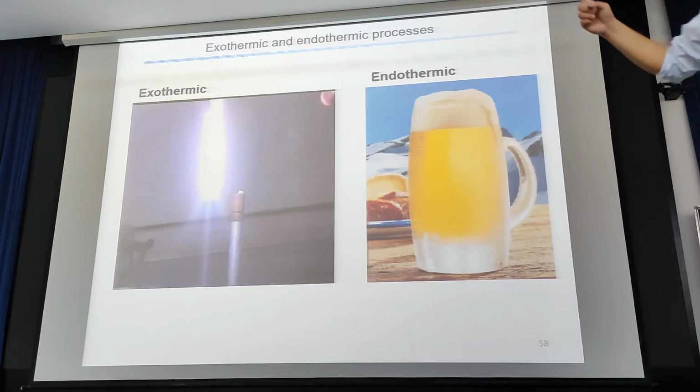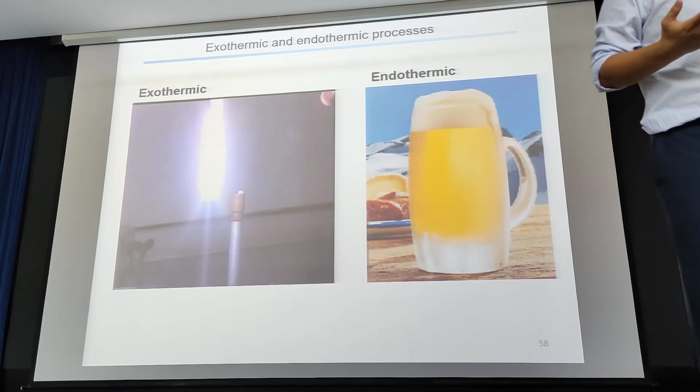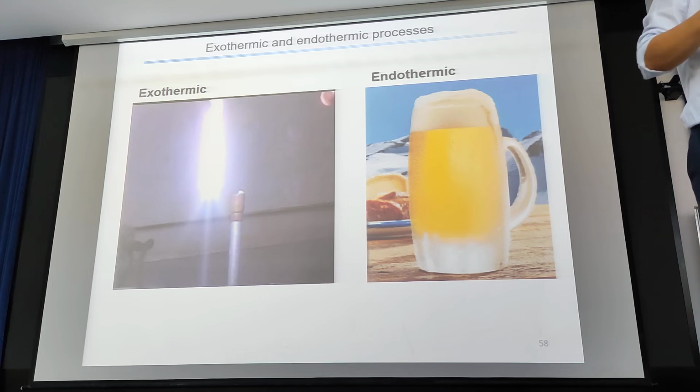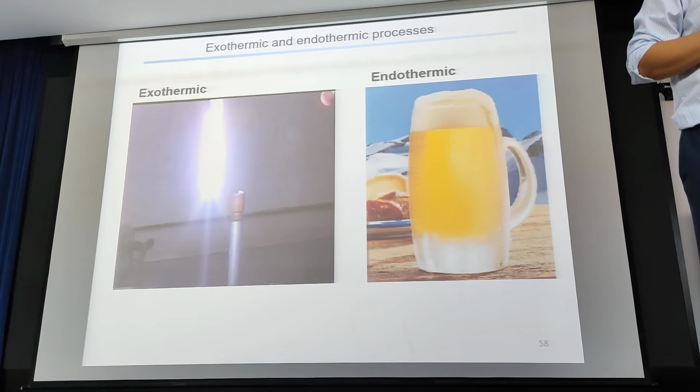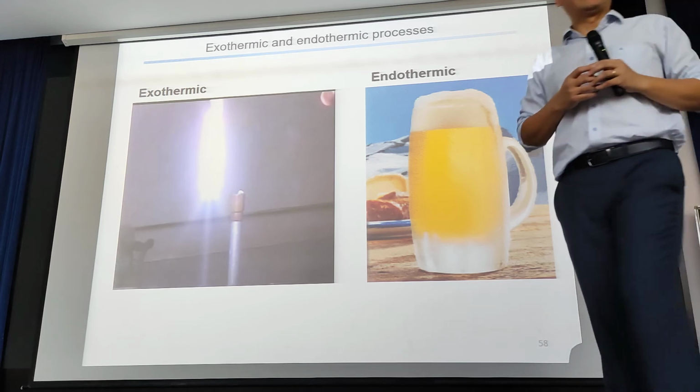But why, when you have a cup of beer, what is the process behind making this endothermic? Why does this cup of beer need to absorb energy? Because it's cold, so to become... okay.